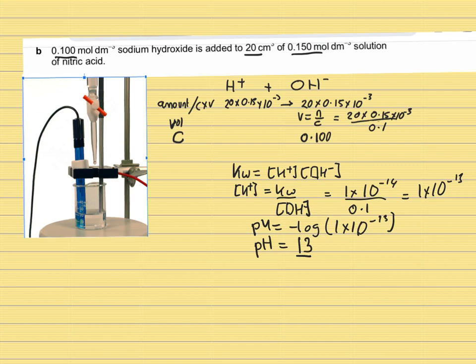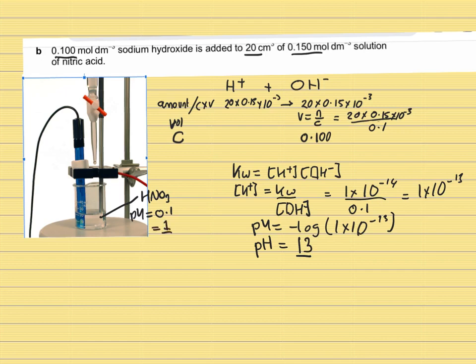We know the start pH is going to be acidic because the nitric acid was in the beaker. And we know roughly that the pH of a 0.01 molar concentration of acid is going to be 1.